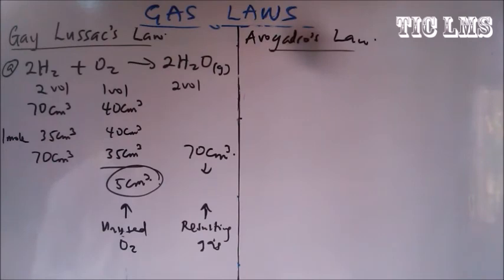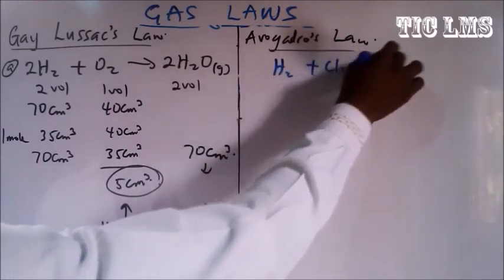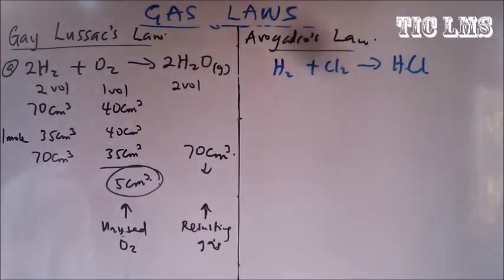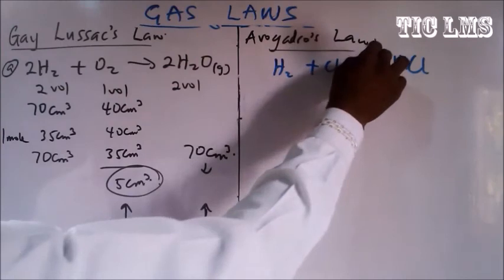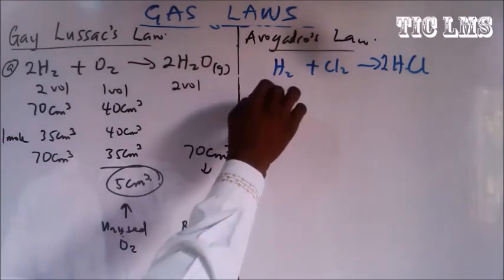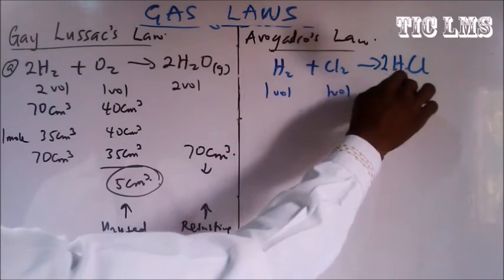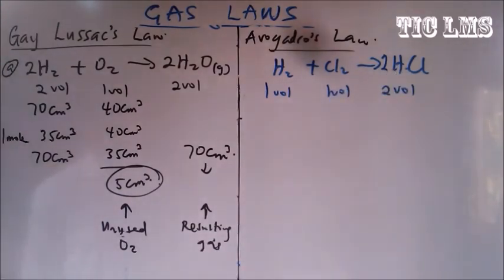Now the next one says hydrogen reacts with chlorine. Hydrogen gas reacts with chlorine gas to form hydrochloric acid. We balance this equation by placing a 2 in front here. According to Gay-Lussac's law, we have that 1 volume needed 1 volume of this to give us 2 volumes of HCl.